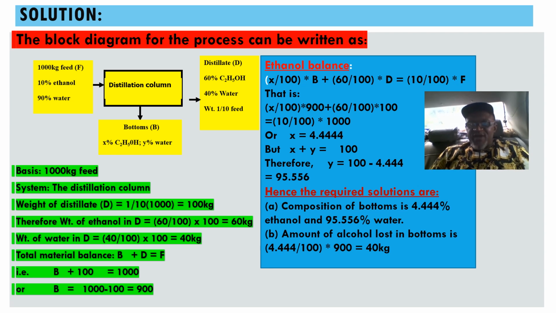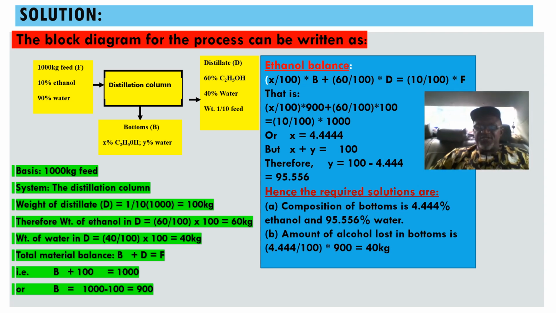Of course, the amount of alcohol lost in the bottoms: we know the percentage of ethanol in the bottoms is 4.444, so 4.444 divided by 100, multiplied by our B of 900 kg, will give us 40 kg.